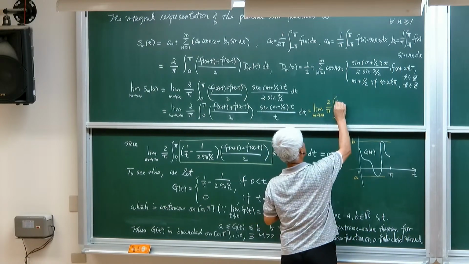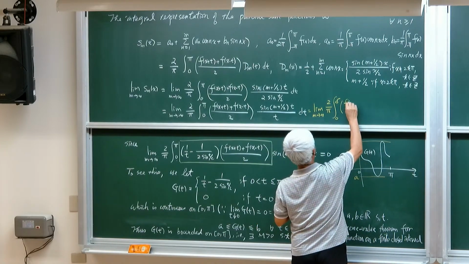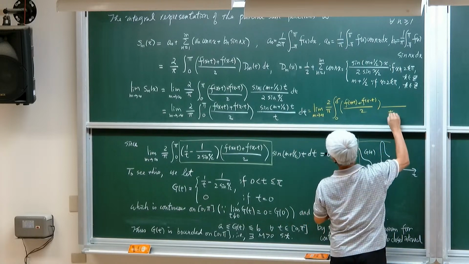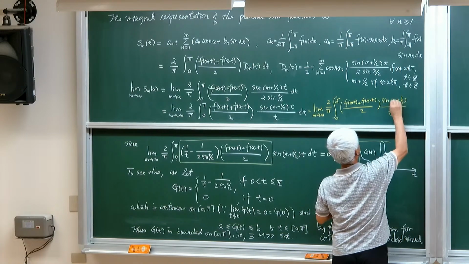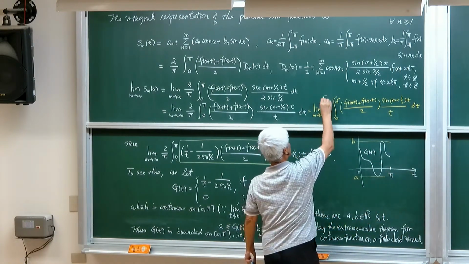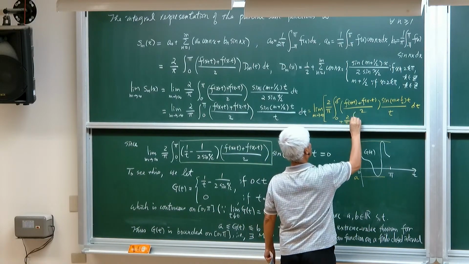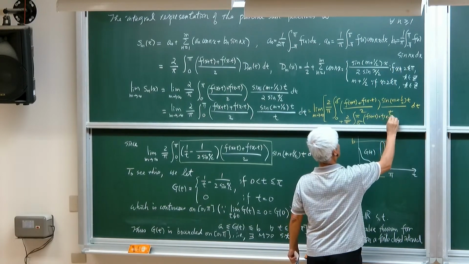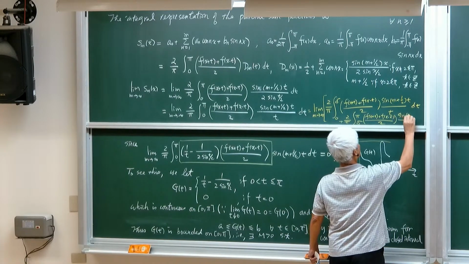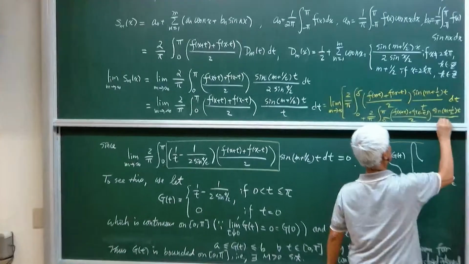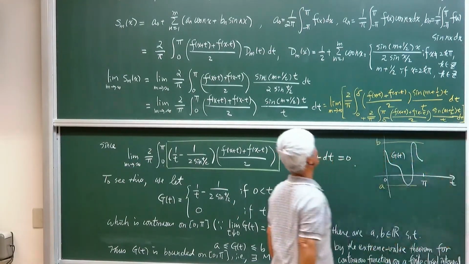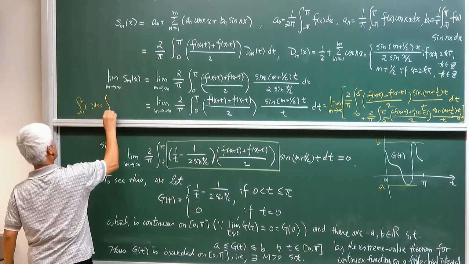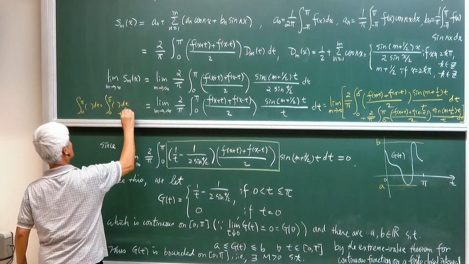So we can break down this one plus from delta to pi, okay, right.